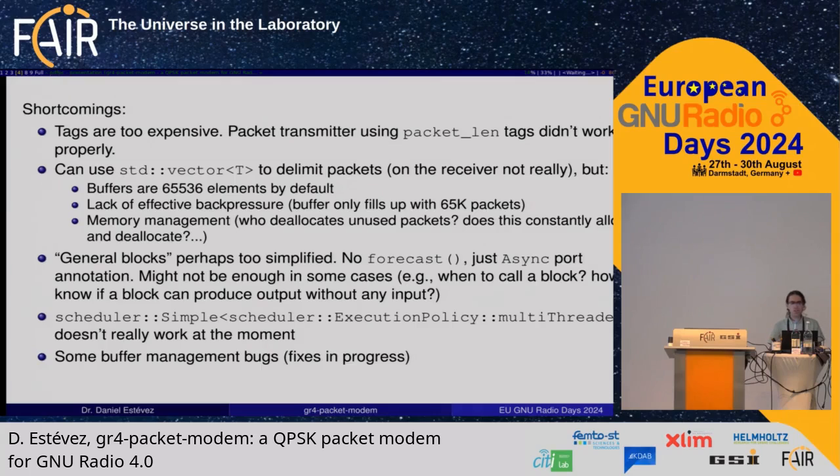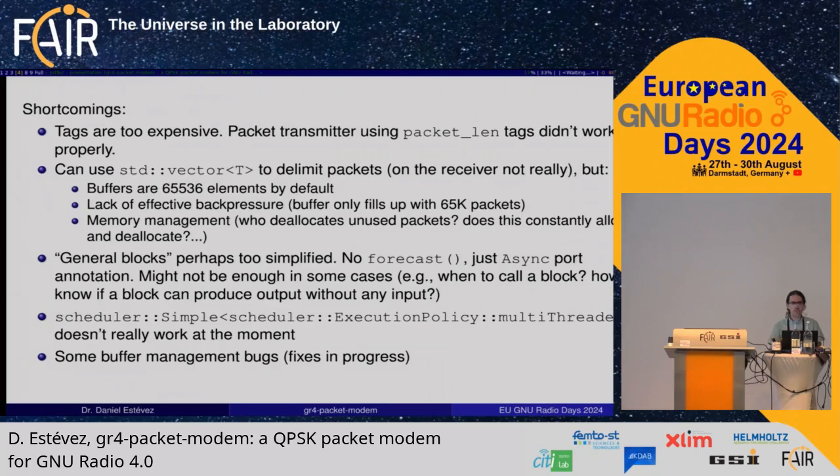There are some maybe not nice things with that. So by default, you get buffers which are 65K elements. And maybe you don't want to have 65,000 packets in your buffer. You could have smaller buffers, I understand, like even 2 elements in the buffer.